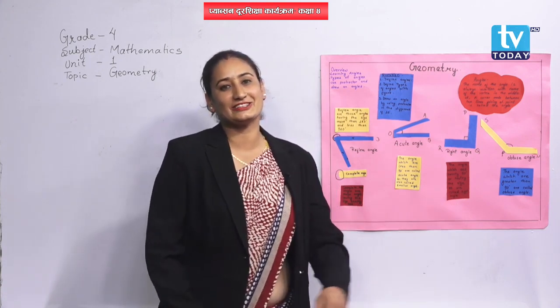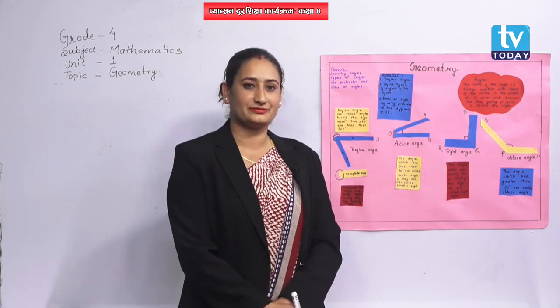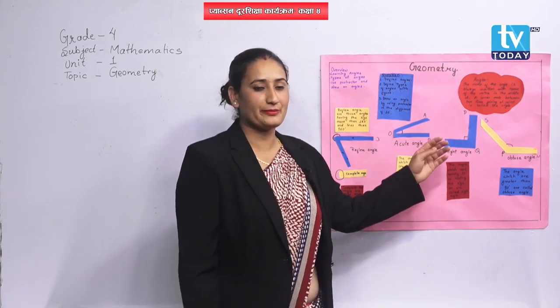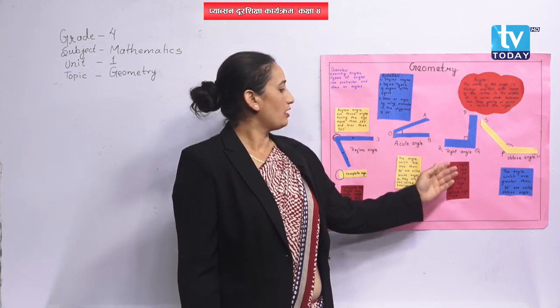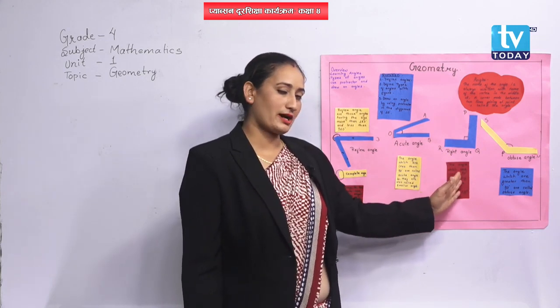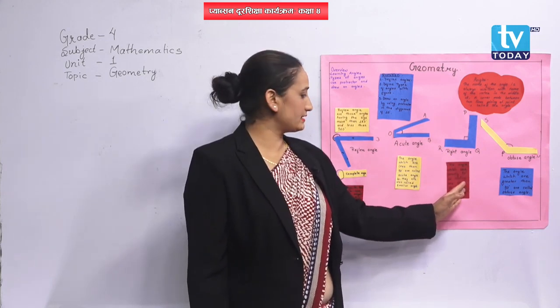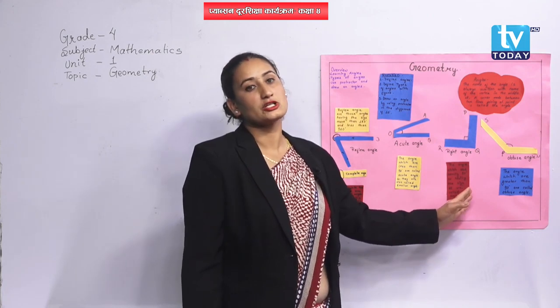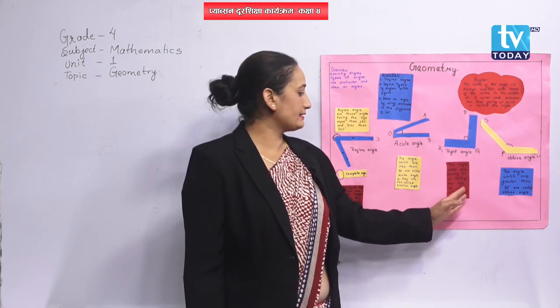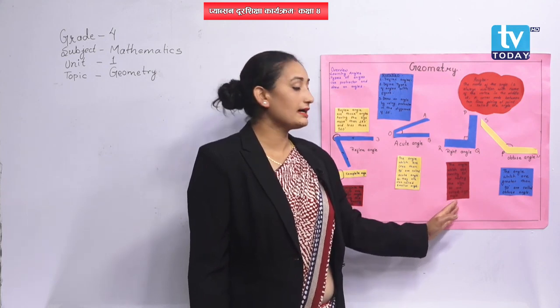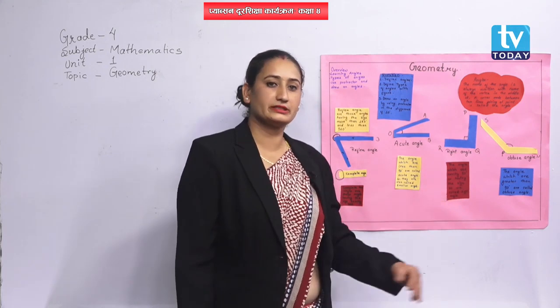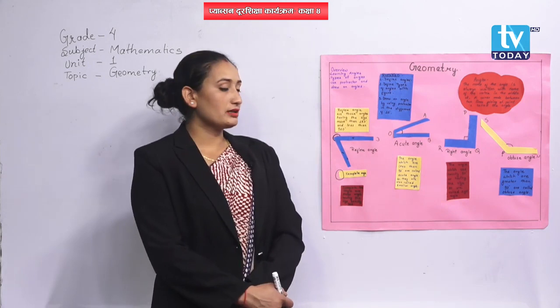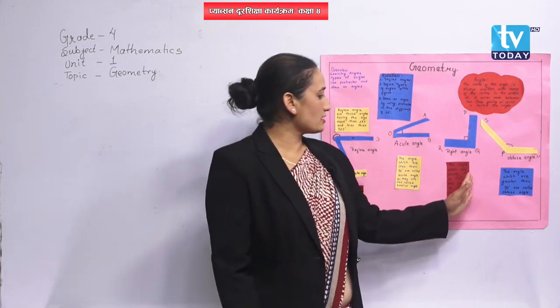So they are called right angles. Once again I will repeat this: the angles which are exactly 90 degrees, or having the size 90 degrees, are called right angles. Have you written? Okay.